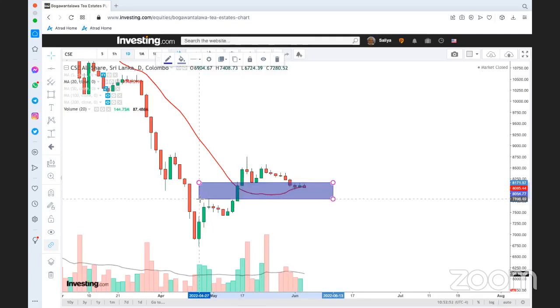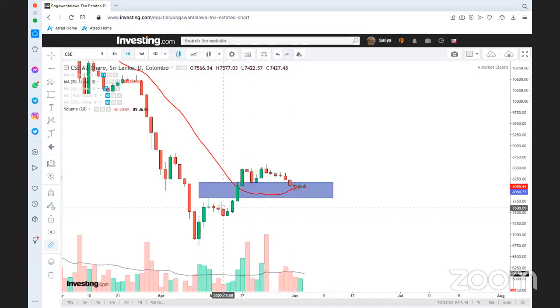This is the range. So now we have to look at this area of support, whether this is going to be respected as the support level. That is above 7811 and below 8154, right?